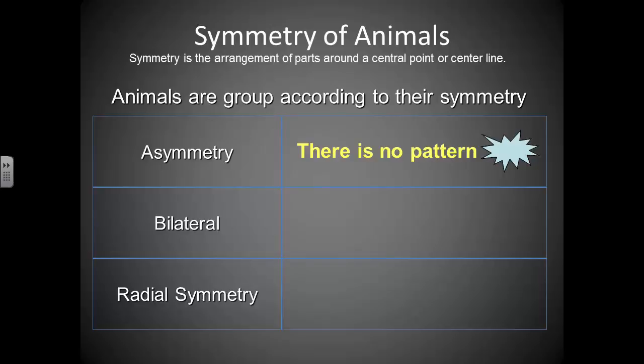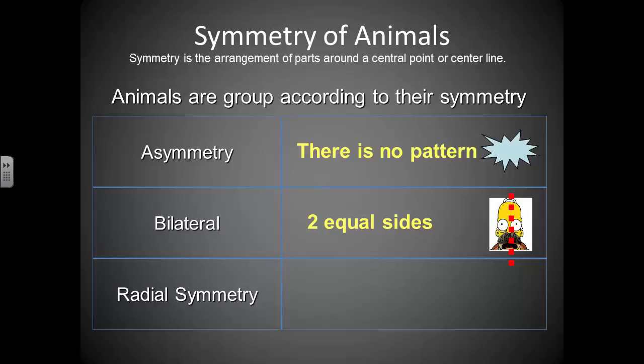Another term we would use is bilateral symmetry. What does the prefix bi mean? Two. Lateral means side. So this is two-sided symmetry, two equal sides. Imagine Homer Simpson. That is bilateral symmetry. Two equal sides: an eye on each side, an ear on each side, a nostril on each side.